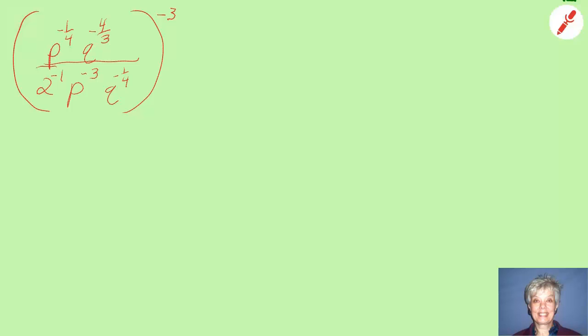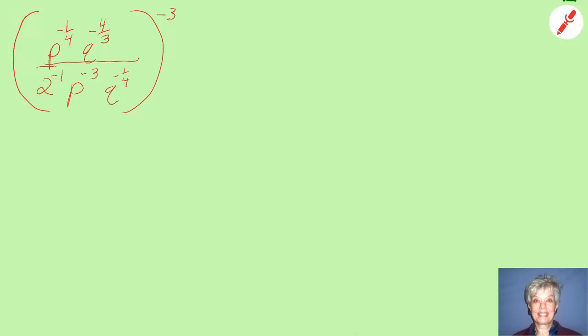And remember that if we multiply negative times negative, we get positive. So I propose to, well, it's not really distribution, but it looks like distribution, so I'm going to say it. I propose to distribute the negative 3 on the outside of the parentheses to all of the powers on the inside of the parentheses. And it's important to say that the negative 3 is also a power.